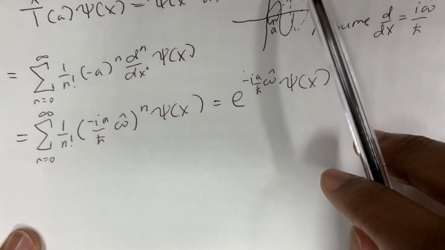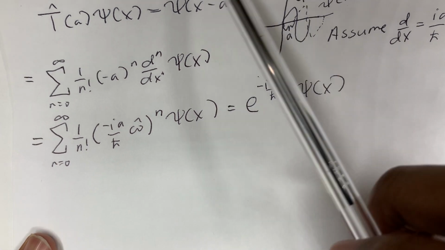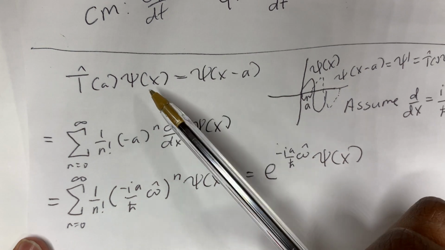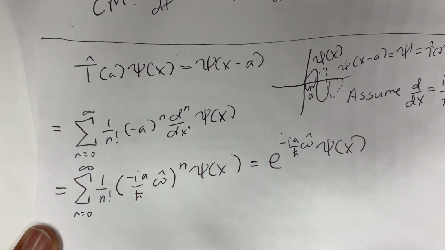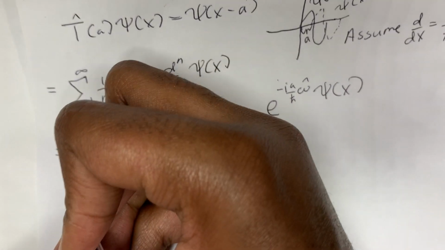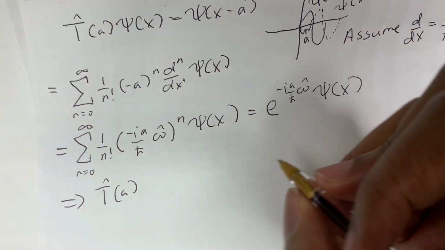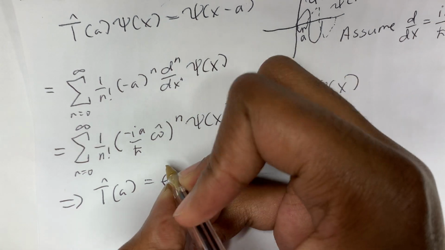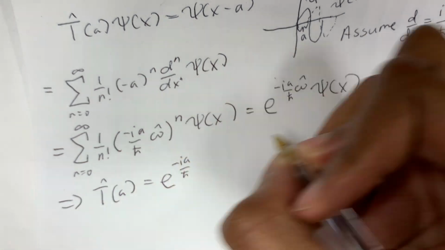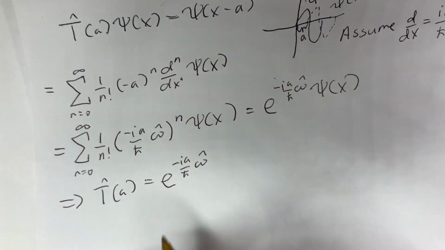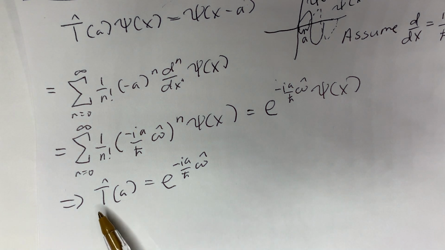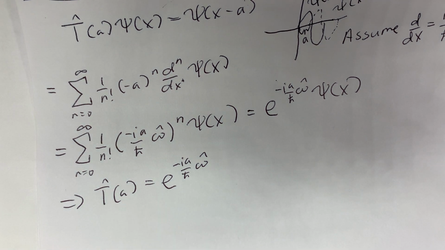Well, now we can cancel out both sides by psi of x, and this implies that T hat of a just equals e to the minus i over h bar omega. And that's the formula for the space translation operator.